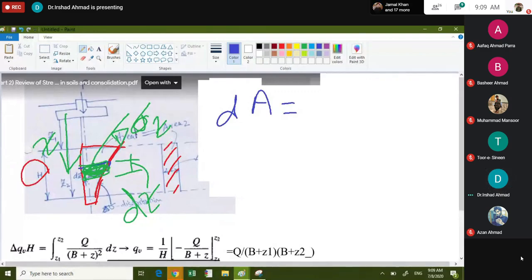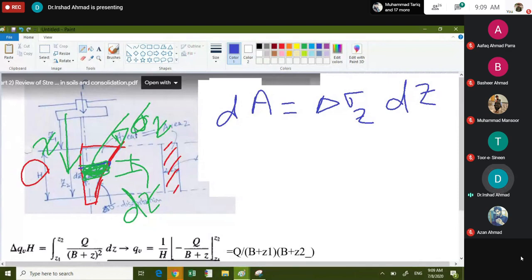Bashir Ahmad. So dz into delta sigma z. Good, good. Delta sigma z into dz. Right?